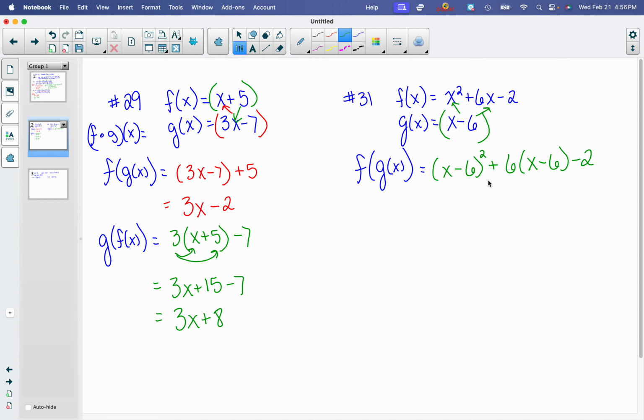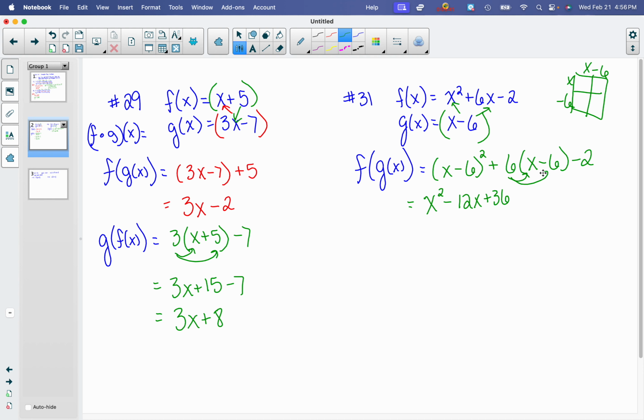Now, be careful here. Do not kill a puppy. You can put it in a box or foil it when you do that. So if you need to stop and think about this, x minus 6, you could do it that way. You'll get x squared minus, you'll end up with a total of 12x plus 36.